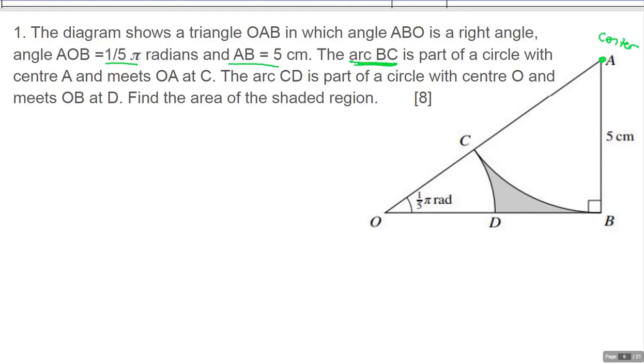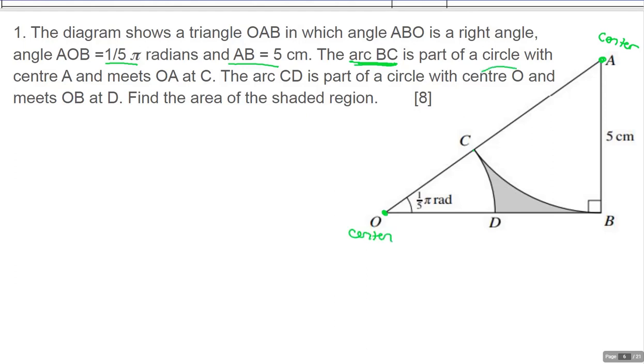And I'm probably going to label it that to remind myself, because this is what I was talking about. Do you notice how this is a center point of a circle, but it doesn't look like it? And then it says center A meets OA at C, so that means they meet, right? And then CD is part of the circle O. That means this is also the center of a circle.